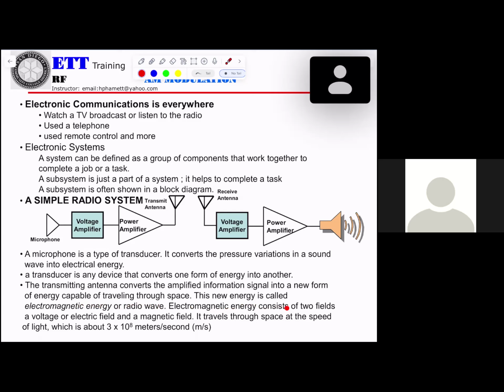Electromagnetic energy consists of two fields, a voltage or electric field and a magnetic field. It travels through space at the speed of light, which is about 3 times 10 to the power of 8 meters per second.